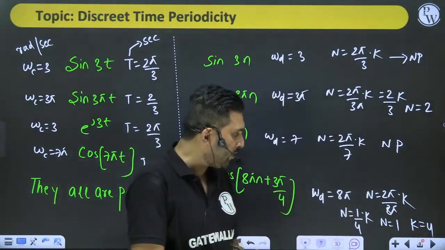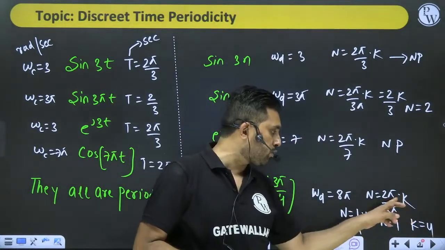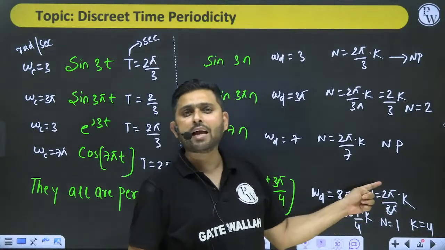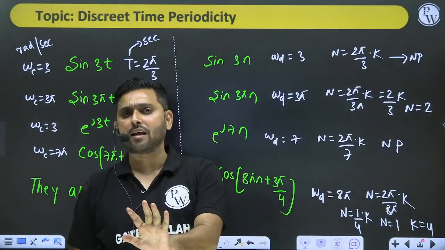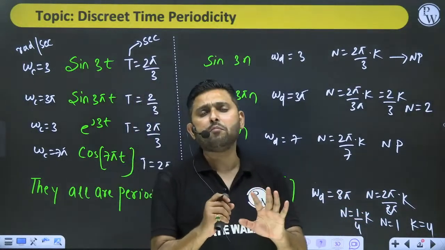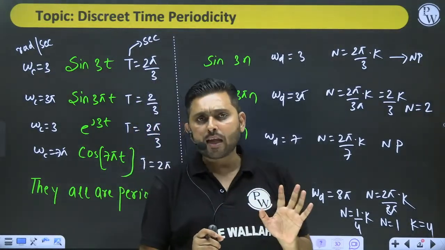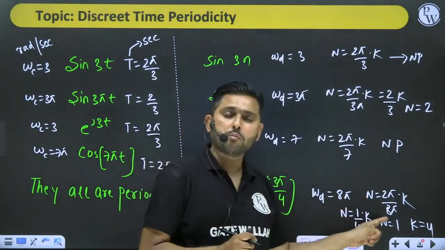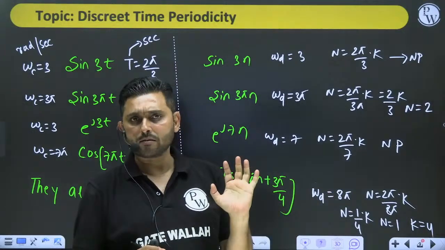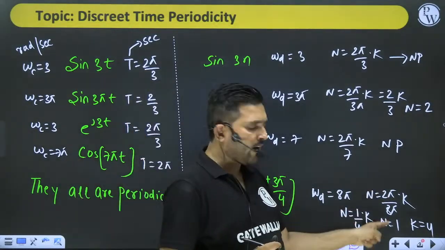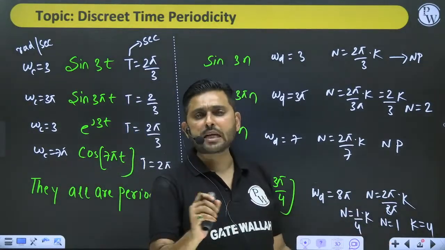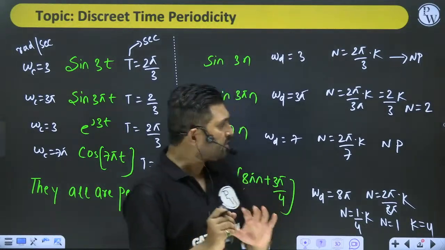If you straight away choose k to be equal to 8, then n becomes 2. Again it is not a valid thing. So n should be minimum. This is the most important point that you have to take care of, and for this you have to remove all the common factors. You understand my point or not? So this is what is the most important.